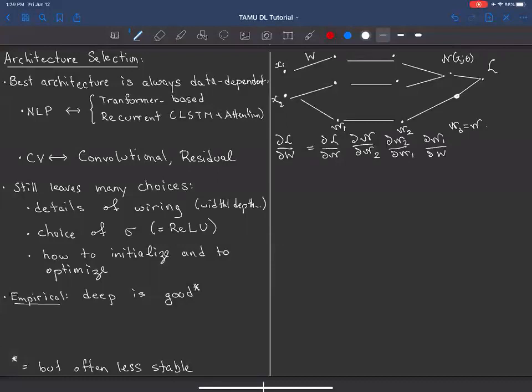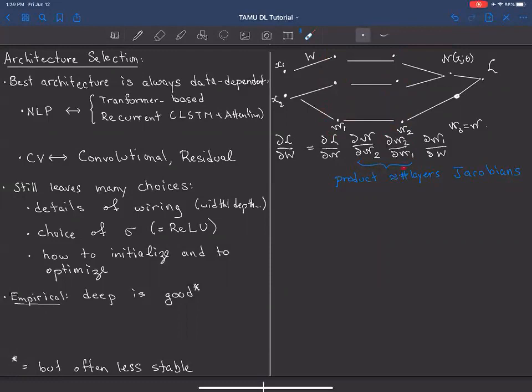And now you see the following problem, right? In general, this intermediate term here will be a product of approximately D, the number of layers, Jacobians. Each of these terms is a Jacobian, for example, this term is the Jacobian of what the network computes after 2 layers with respect to what it computed after 1 layer. And this is a product of many, many Jacobians if you had a deep network.